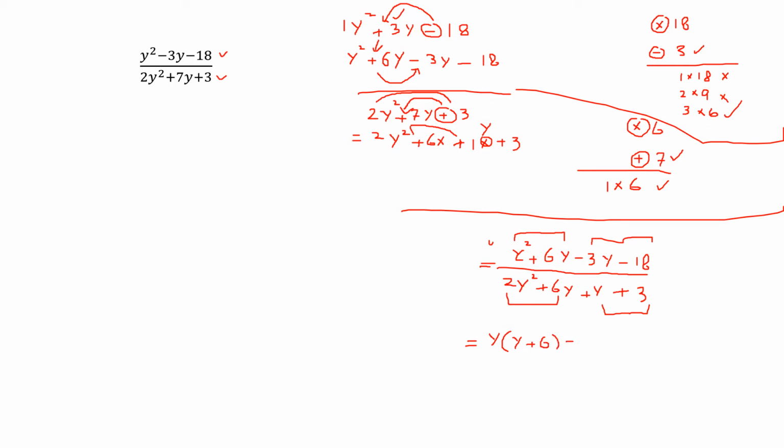Minus is first, so factor out minus common, then 3 and 18 are divisible by 3. So minus 3y divided by minus 3 will give us y, and minus divided by minus will become plus, and 18 divided by 3 gives us 6.